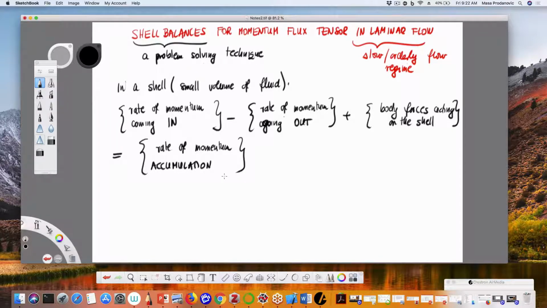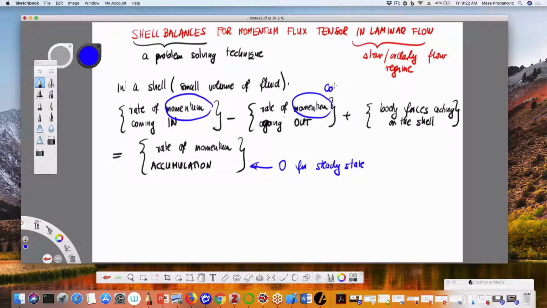in this shell, and this is going to be 0 for steady state. So when I say momentum, I mean combined. This combined momentum has the molecular component, which we call P, and it has the convective component, that's rho v v.